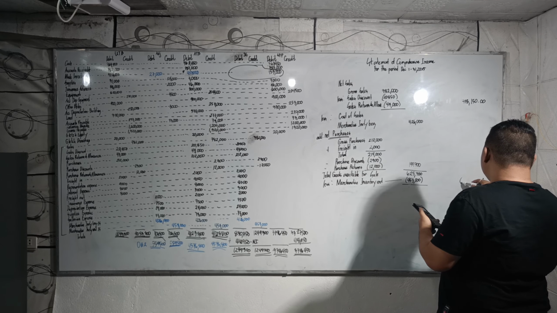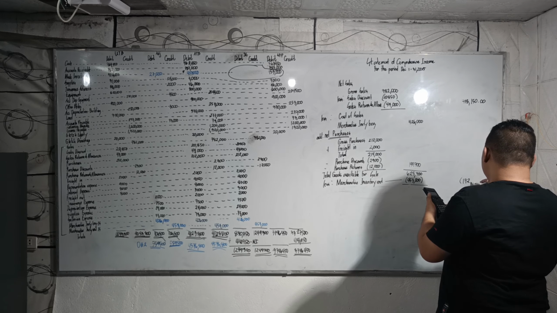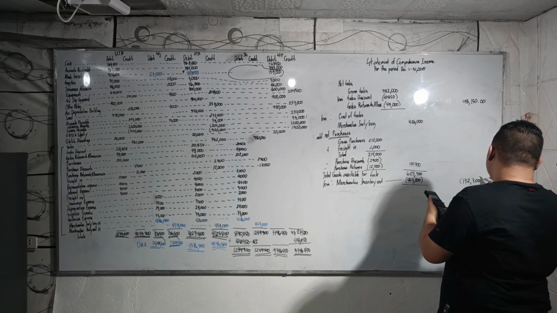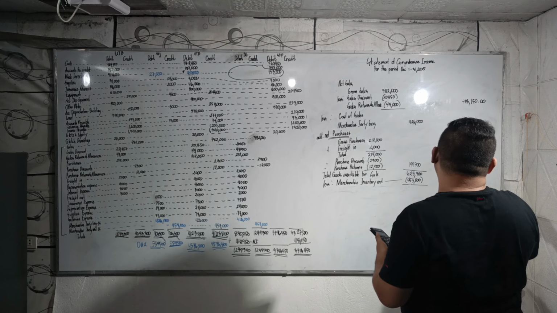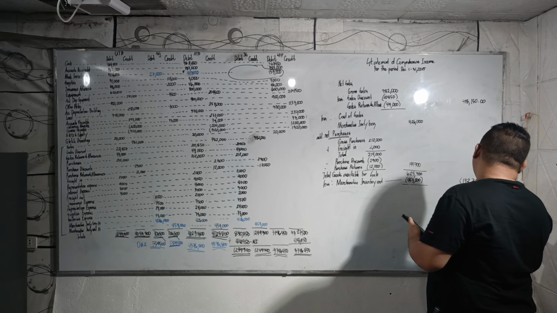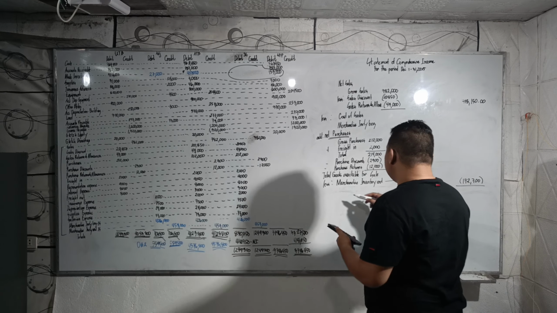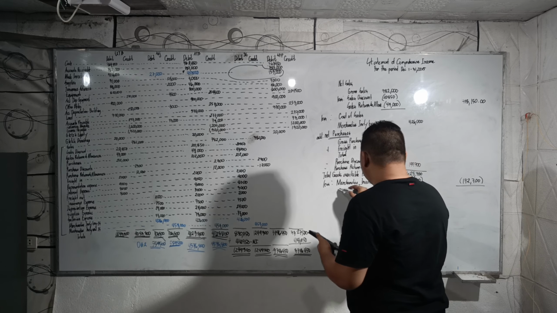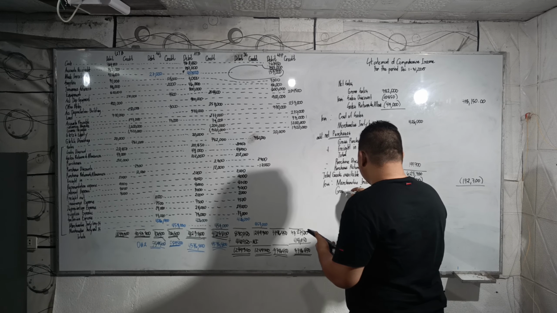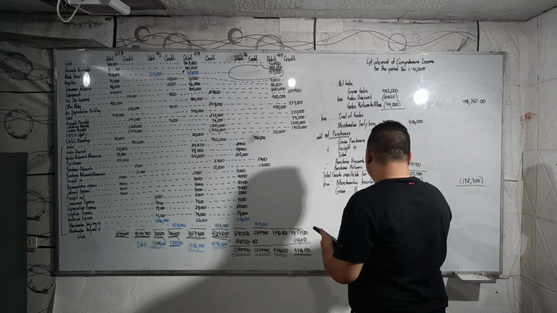So the cost of goods sold is actually 172,700. So if the sales is 718,150 and the cost of the goods that you have sold is only 172,700, you'll be happy because you'll have a big gross profit.